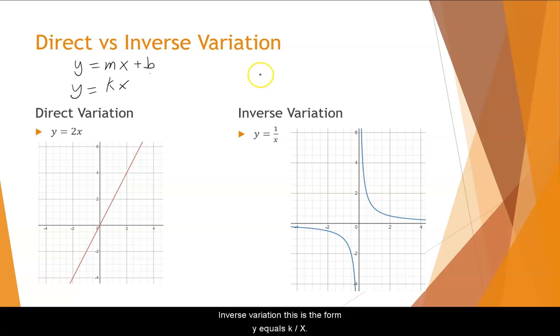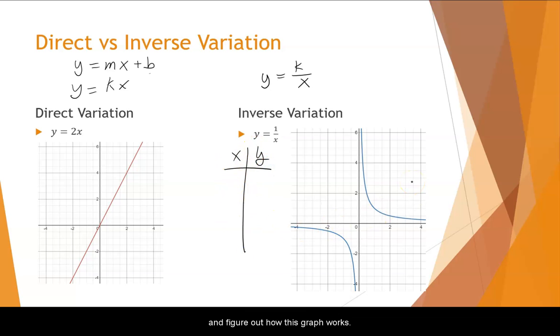Inverse variation, in the form y equals k divided by x, gets us a much crazier graph. Some of you might be familiar with this graph already. This might be the first time you're seeing it. I would encourage you to sketch out a table of values and figure out how this graph works. So start with some negatives, maybe throw in a 0, and then go positive.